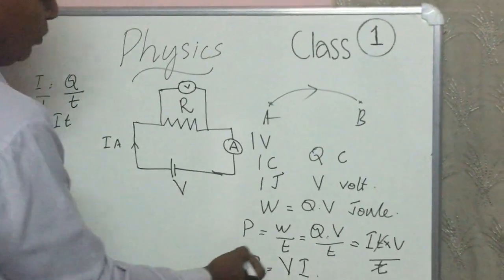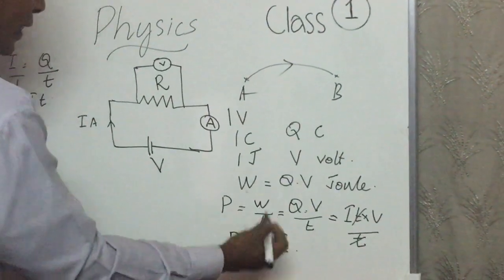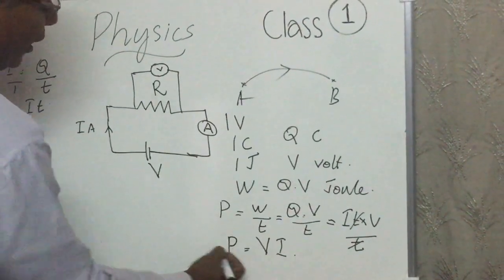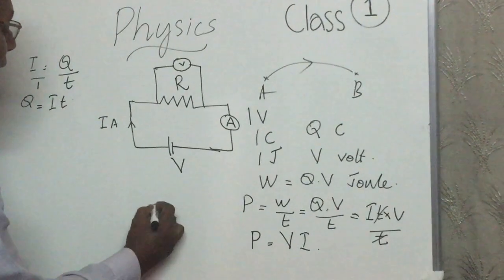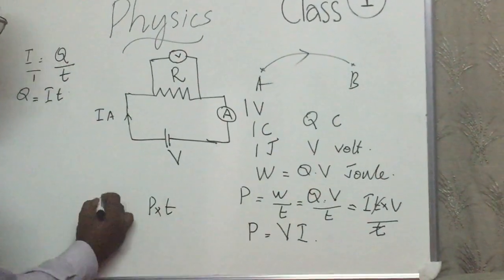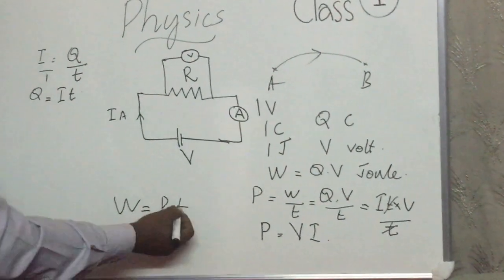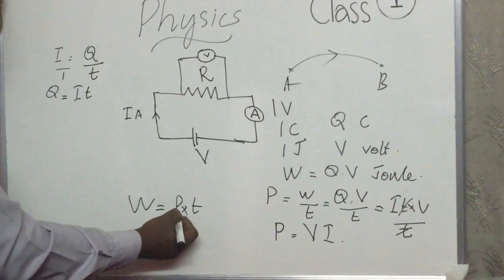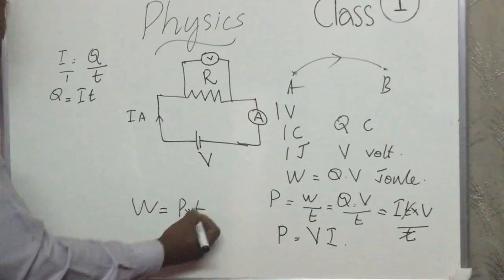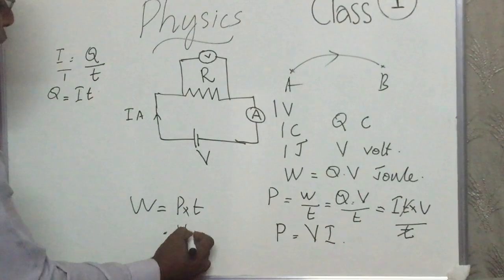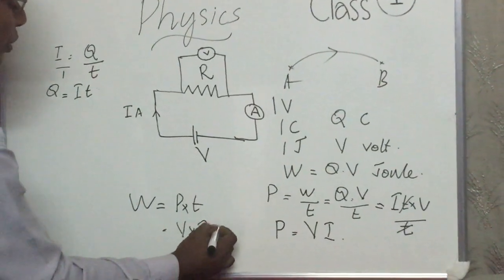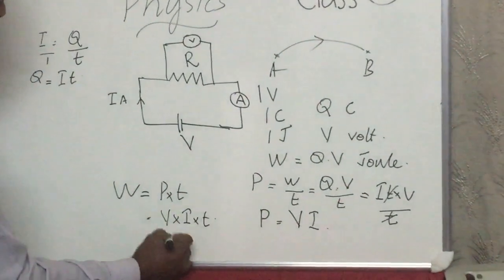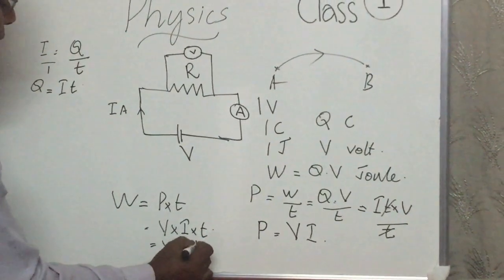Work done in t seconds we can calculate as P into T, that is W equals P into T. The rate of doing work is power, so energy is power into time, V into I into T, which is VIT joules.